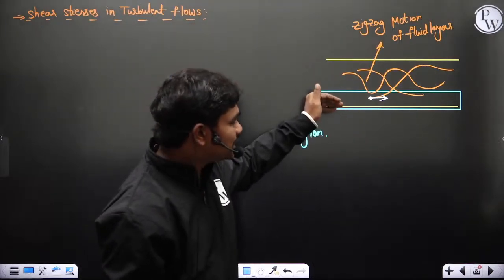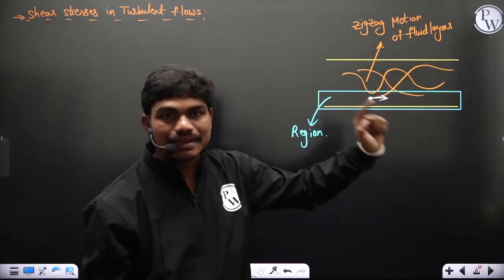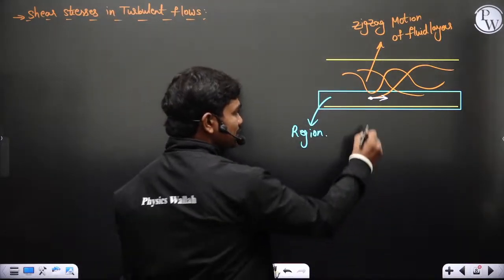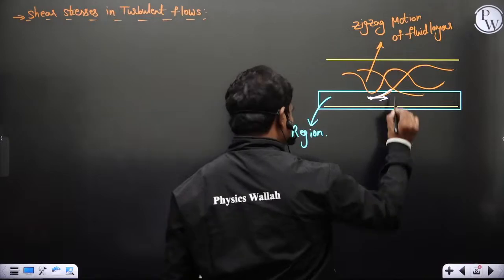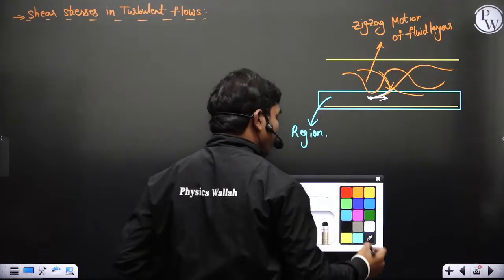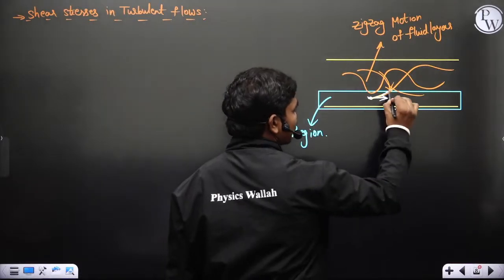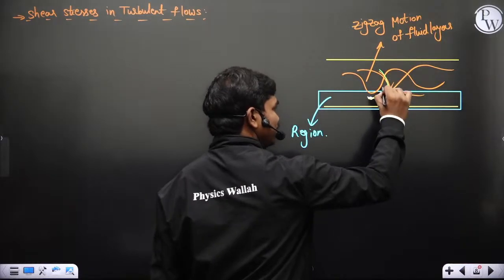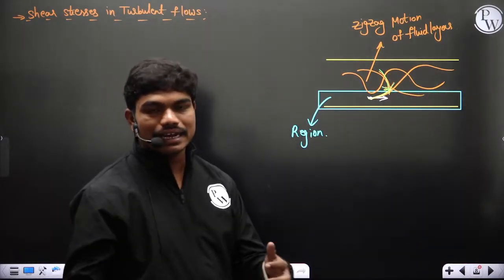Because the resistance to the motion of the particle depends on the viscous effects of the flow. Second point, when this particle is trying to move in this direction, maybe some other particle may come in this direction and obstruct it. Because of mixing, some other particle may come and hit it and disturb it.